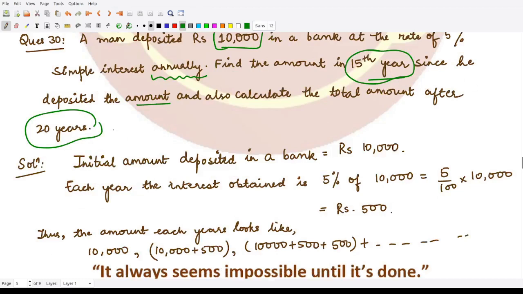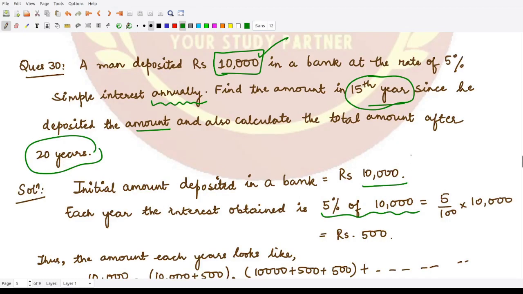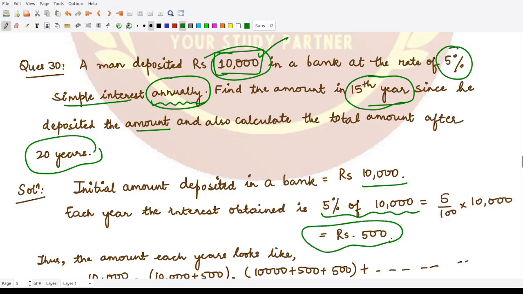So initially that person deposited rupees 10,000. This we know. Each year what would be the interest obtained as 5% of 10,000? It would be, because we are given the rate of interest of the bank is 5% simple interest annually, 5% per year, correct? So 5% of what? 5% of this 10,000. So when you calculate it, it comes out to be rupees 500.